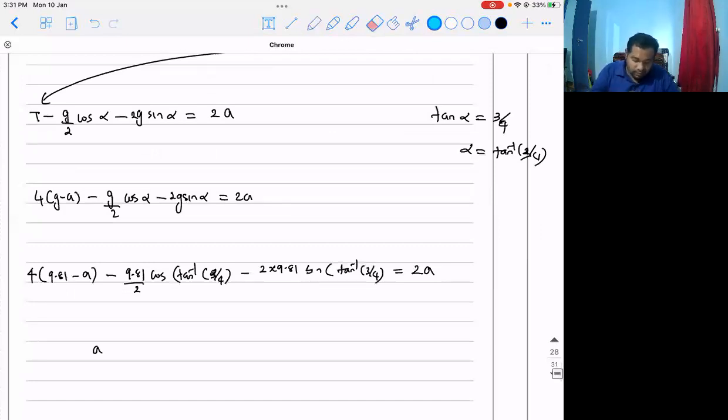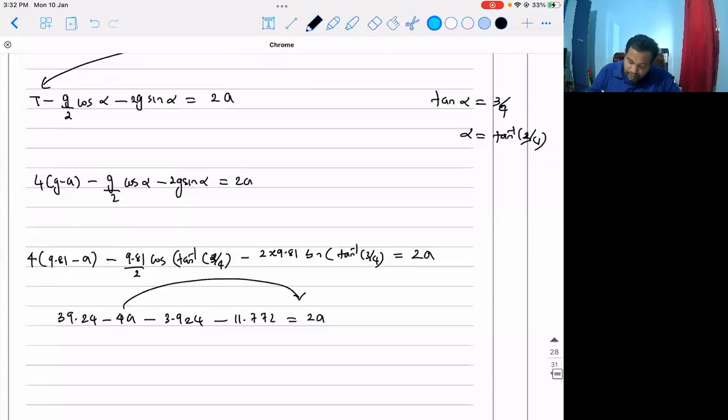So simplify this. Expanding 4 times 9.81, that is 39.24 minus 4a, then minus 9.81 divided by 2 multiplied by cos of tan inverse 3 by 4, that is 3.924, minus 2 times 9.81 multiplied by sine of tan inverse 3 over 4, that is 11.772, is equal to 2a.